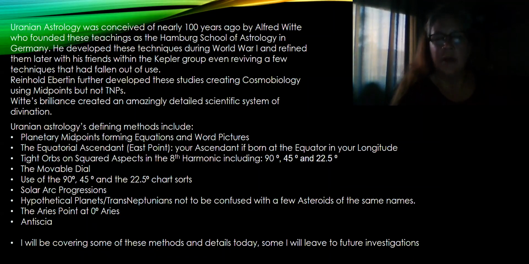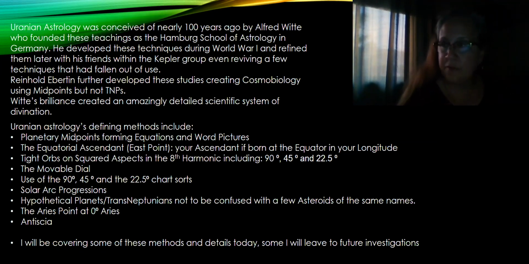They're mathematically calculated points in space that have had specific effects in charts, and they were derived by, like I said, Alfred Witte, and he worked with his friends within the Kepler group to take this further.